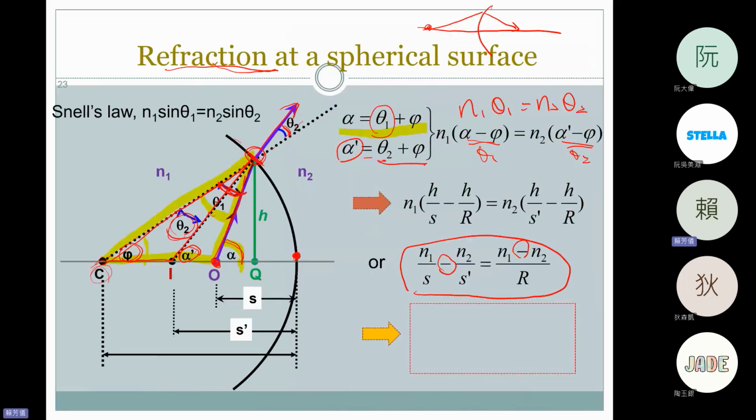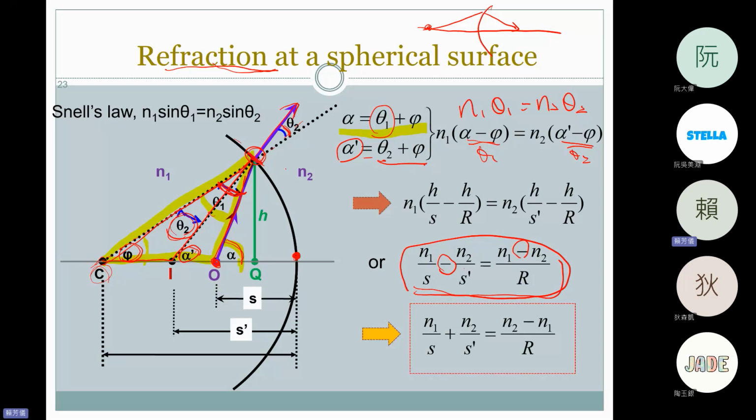Okay, let us go back to the reflection at the spherical surface. So we know that from the formal calculation, we got this equation, and if we consider the sign regulation, then we can put the rule into this equation.